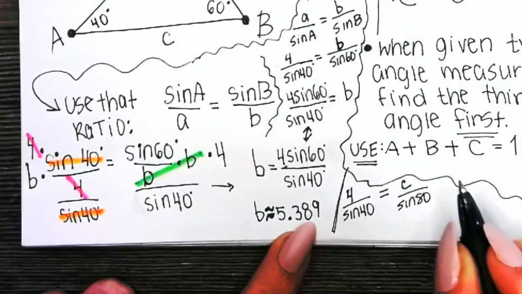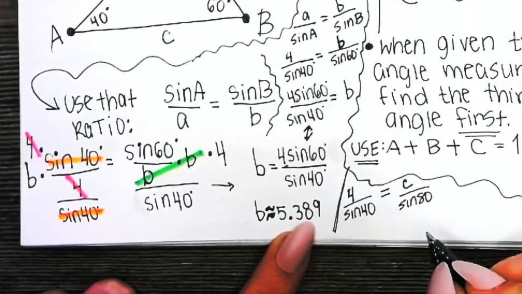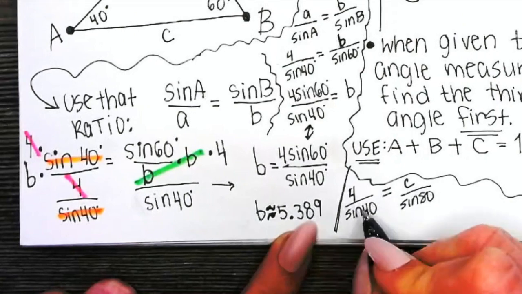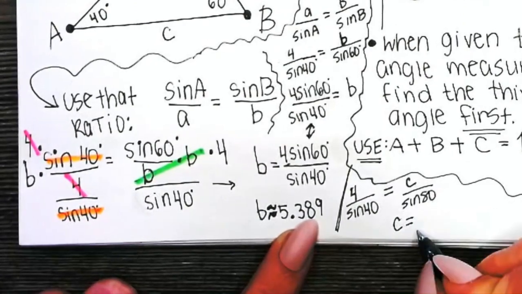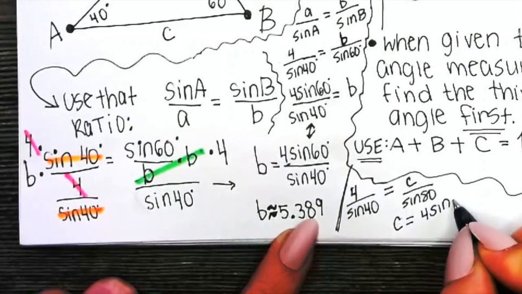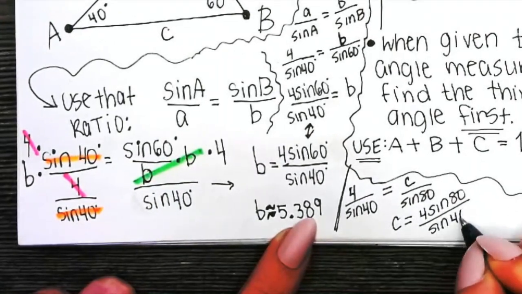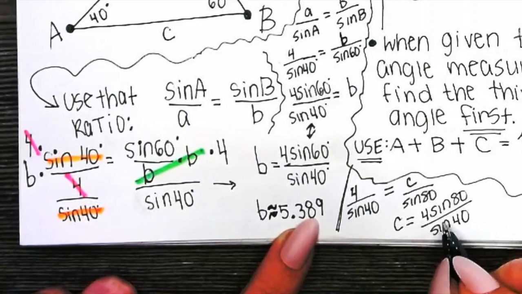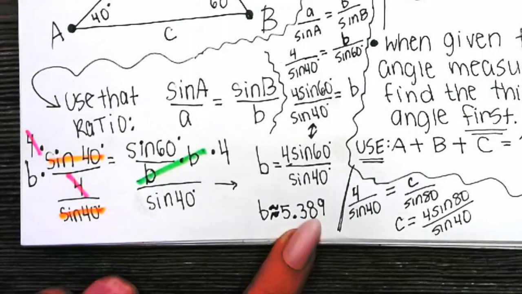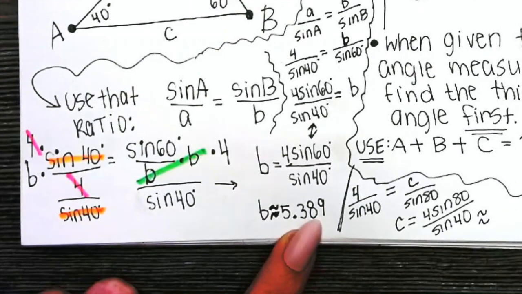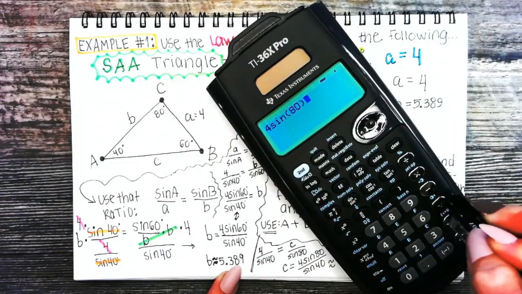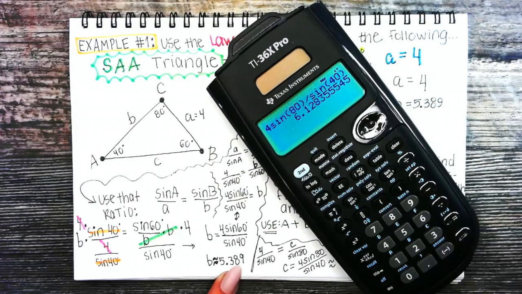If I multiply both sides by sine of 80, and careful, don't mess up while you write things down, I'll have the trigonometric expression of 4 sine 80 over sine 40 as being equivalent to side C. Now, I'm going to type that into the calculator to find the approximate value. 6.128 is the approximate side length for side C.